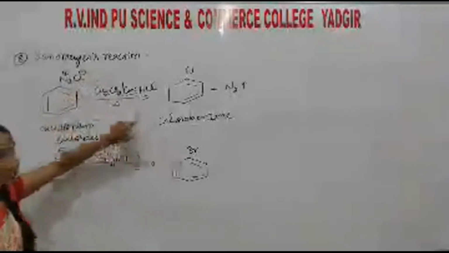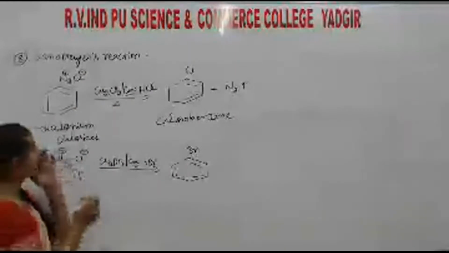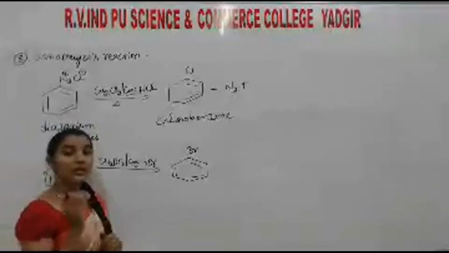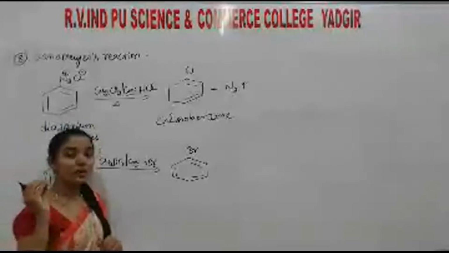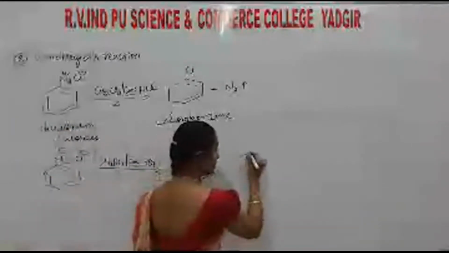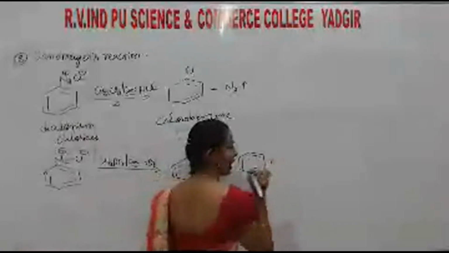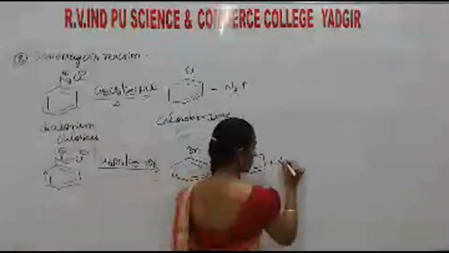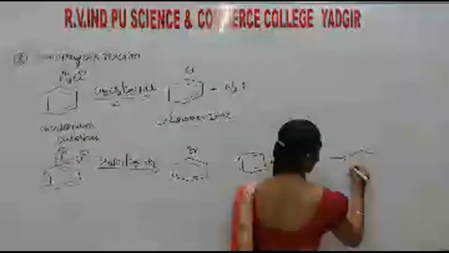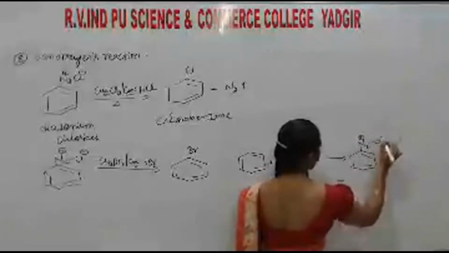How these diazonium salts are formed, that is diazotization. That we are going to discuss in the amines chapter. But still I will explain. Listen, initially the benzene amine is made to react with NaNO2, nitrous acid, in the presence of HCl, to give N2 plus Cl minus.